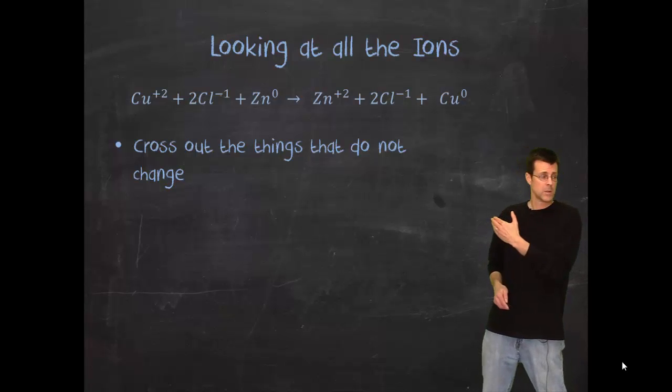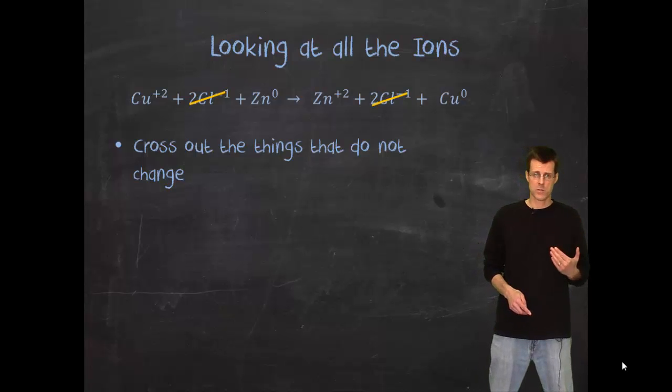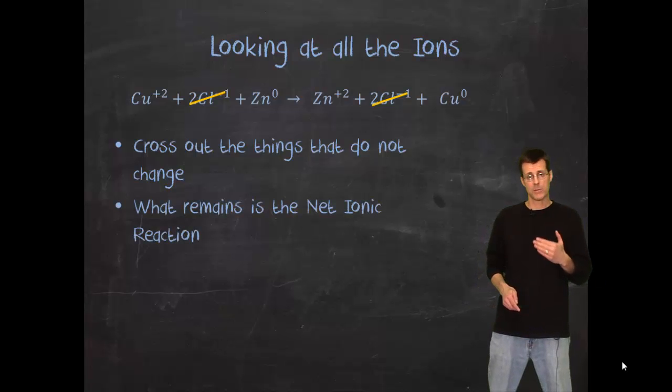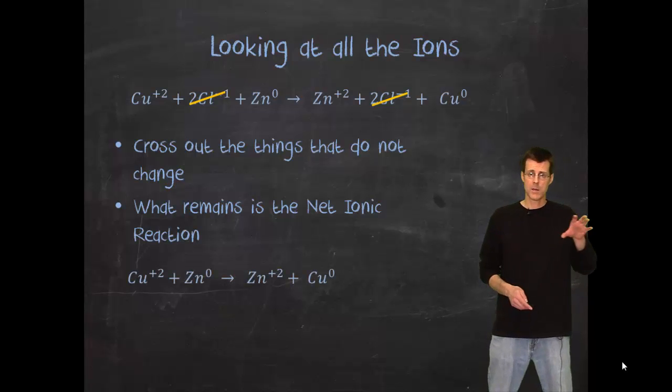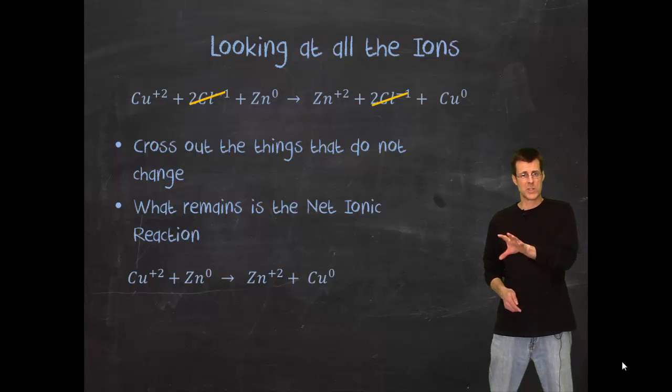So the chlorine starts out as chloride and finishes as chloride. If we remove those spectator ions, then what we have is the net ionic equation. And the net ionic equation in this case looks like that. Copper ions react with zinc atoms to form zinc ions and copper atoms.